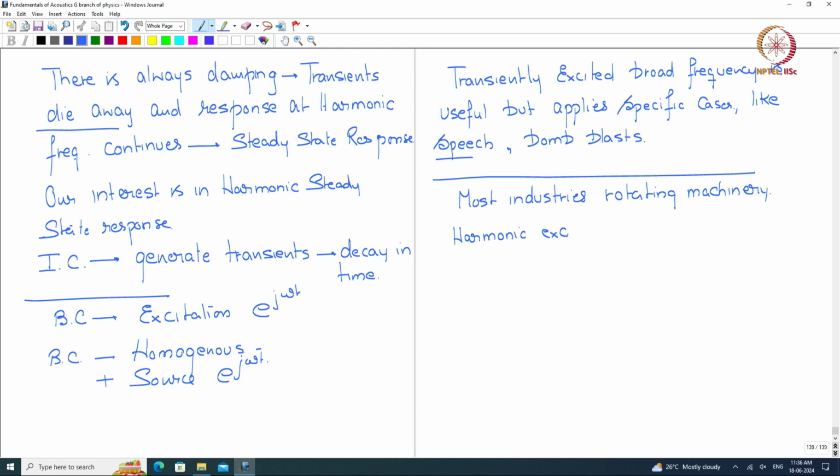Harmonic excitation is important. So that is what we will focus on. And steady state, that means ignore any initial condition effect. Of course, somewhere down the line I will show you how to consider everything, boundary conditions, initial conditions and forcing, using integral transforms to solve a problem, but those will be very specific 2-3 lectures.